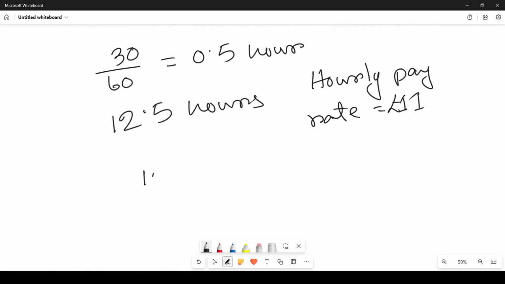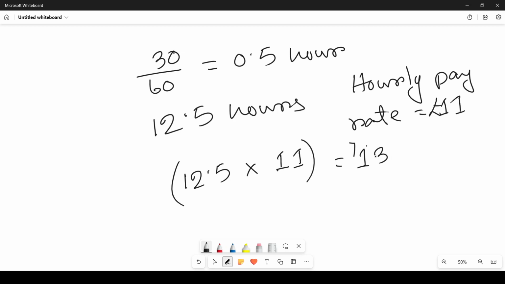You can just multiply this 12.5 hours by 11, and then you can see what your pay will be for that day, which is 137, oh sorry, which will be 137.5 pound.